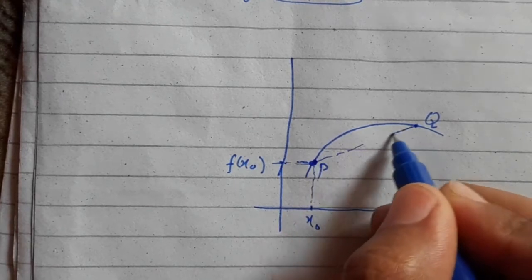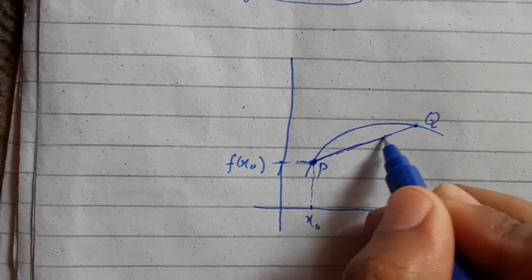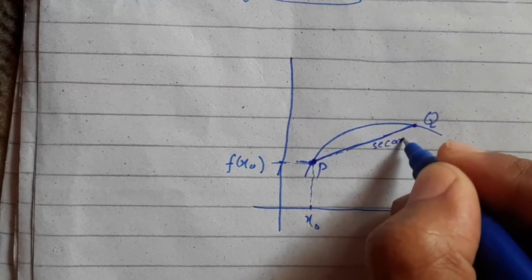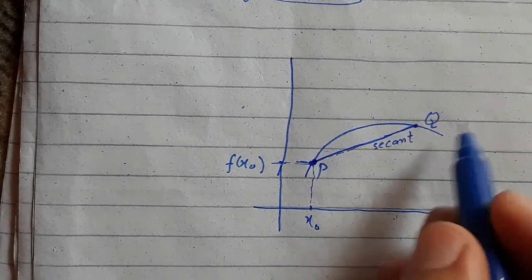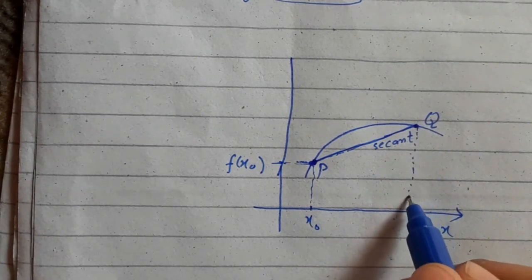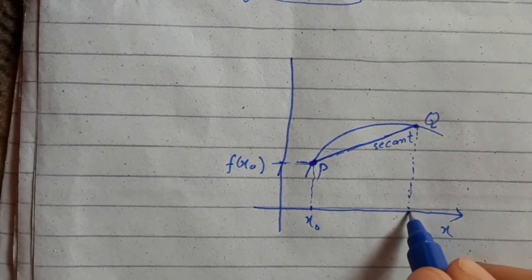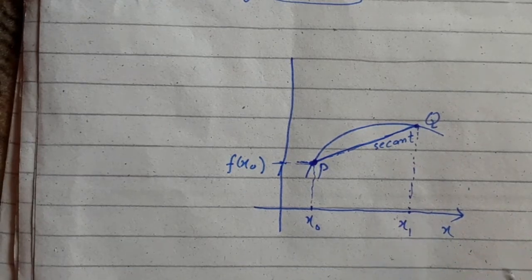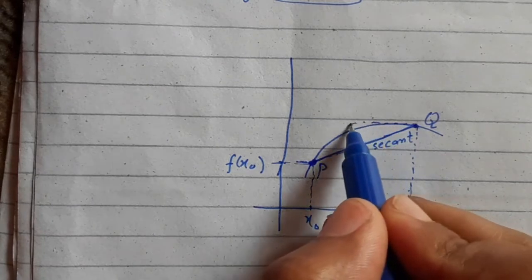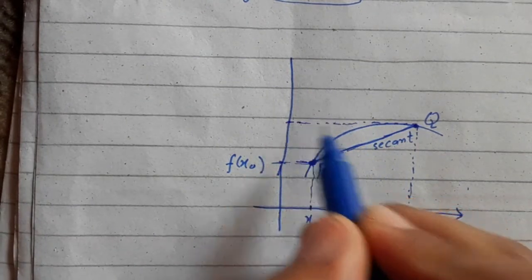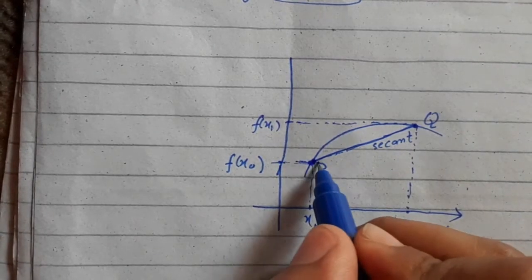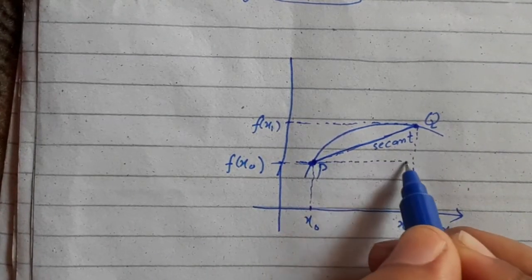And where this point P joins point Q, that line is known as the secant line. And where this projection of point Q meets the x-axis, this is x1, and where this joins the y-axis, that is f of x1, horizontal to the x-axis.